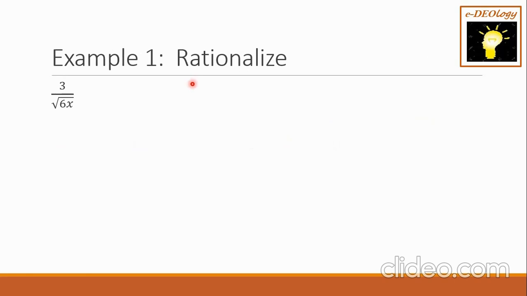Let's have example 1. Rationalize the fraction 3 over the square root of 6x. In here, we're going to use the property that when we have the nth root of a and this radical is raised to the nth power, this is simplified into a. So let's go to our problem. The step is we're going to multiply this by a value equal to 1. We know that any number multiplied by 1 will not change the value of the original expression.